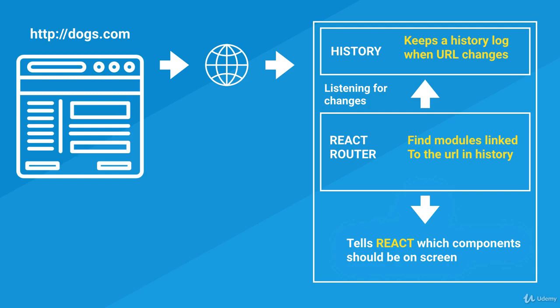So React is going to say, okay, I'm going to grab the component linked to that URL, and then I'm going to show that component. And of course, it's going to give you that view. So this is what's happening behind the scenes with React Router. And now we're going to learn everything that we need to learn to use React Router and create multi-view single page apps. Okay, let's go to the next section and start with Router.